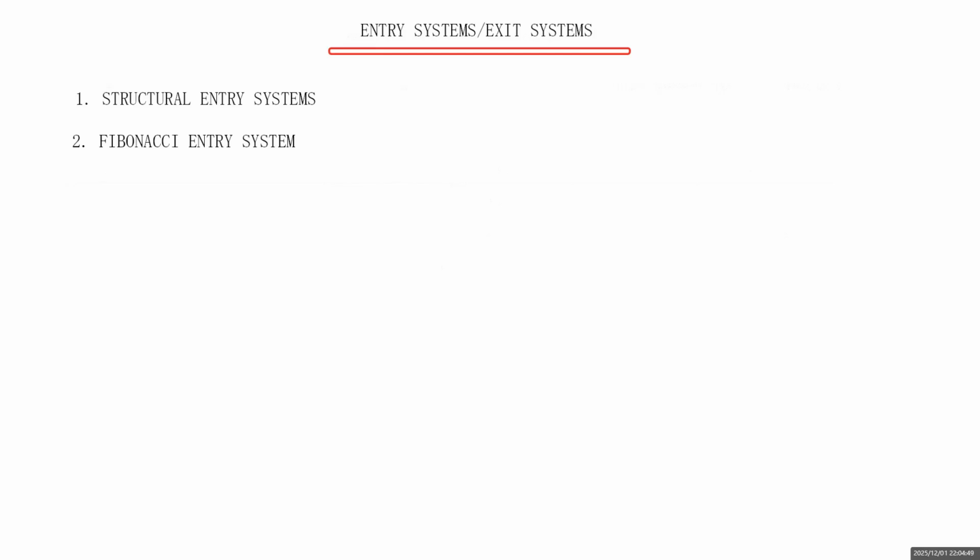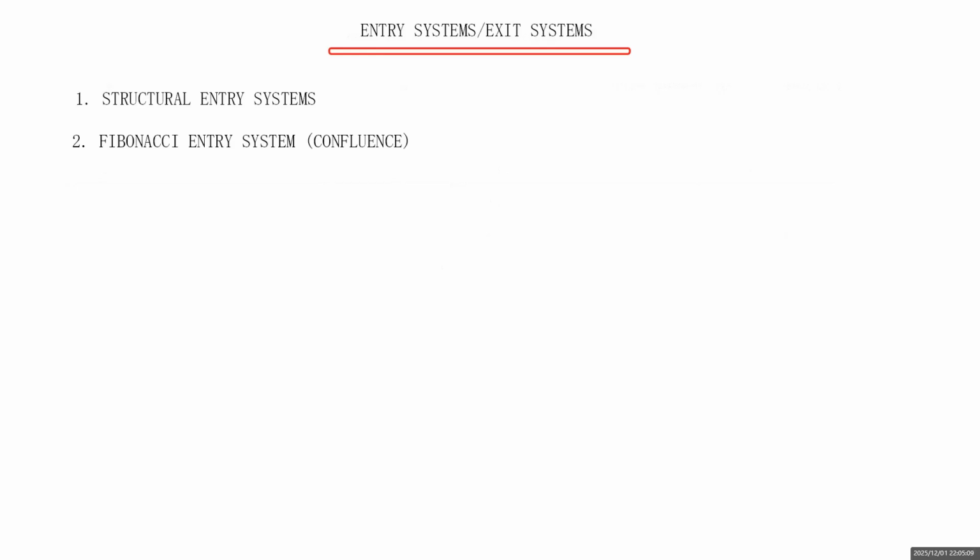Apart from Fibonacci, I also like to call it the confluence, because sometimes apart from Fibonacci being at that level, you may also see support and resistance at that level. So 1, the structural entry system, and 2, the Fibonacci entry system, which I also call the confluence entry system.